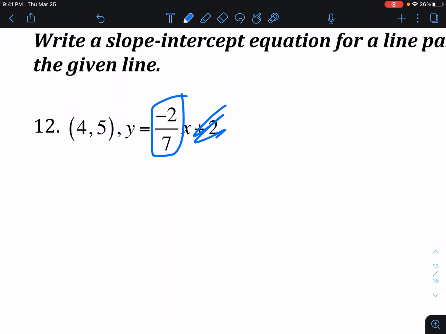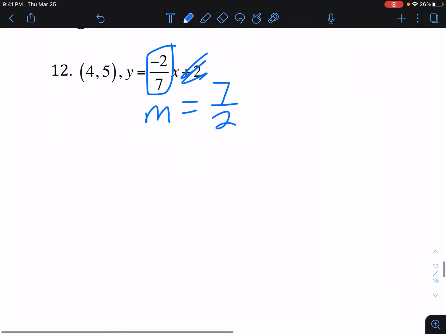Do not use that as your m. Perpendicular, you have to change that. Remember, perpendicular is opposite reciprocal, means you change the sign and flip it upside down. So negative changes to a positive, and 2/7 upside down is 7/2. So there's your slope you're going to be using.